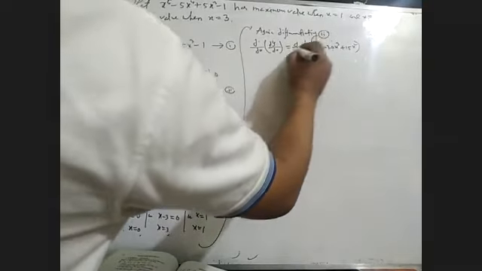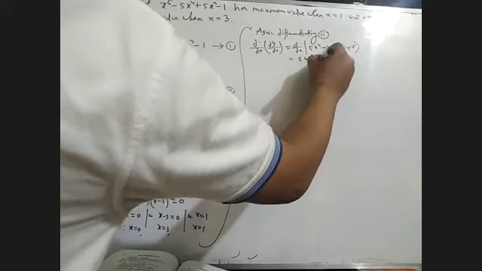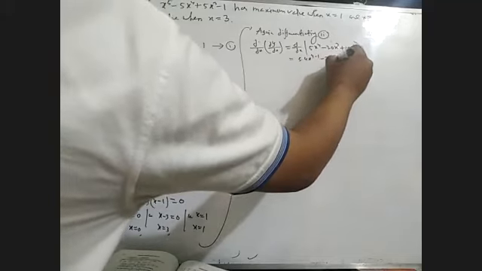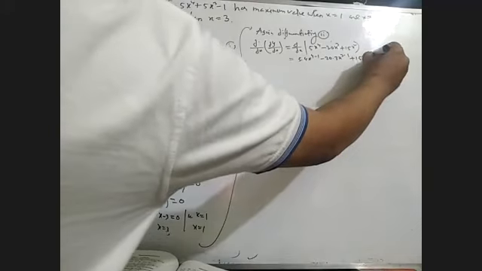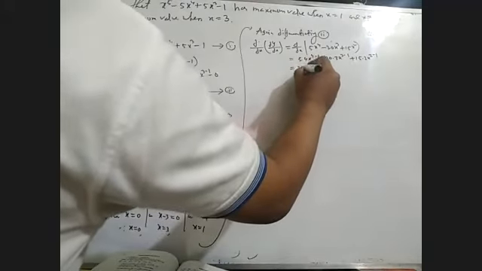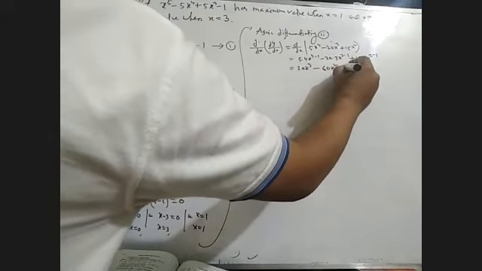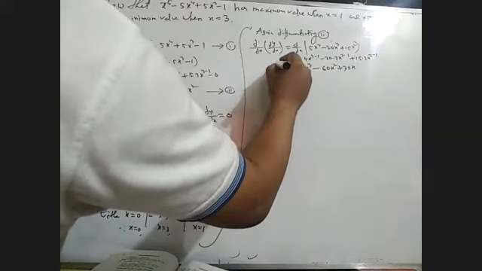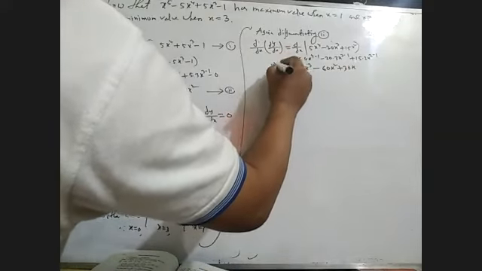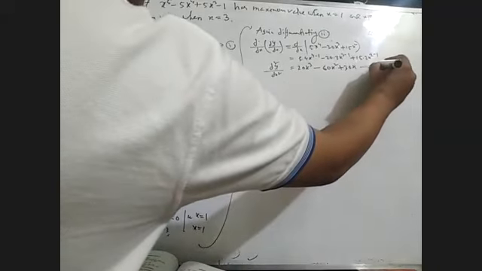So we get 5 into 4x to the power 4 minus 1, minus 20 into 3x to the power 3 minus 1, plus 15 into 2x to the power 2 minus 1. So 20x cube minus 60x square plus 30x. So double differentiation is this. Okay, this is equation number 3.